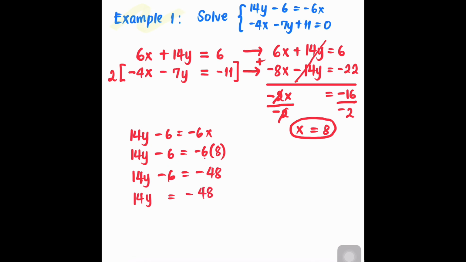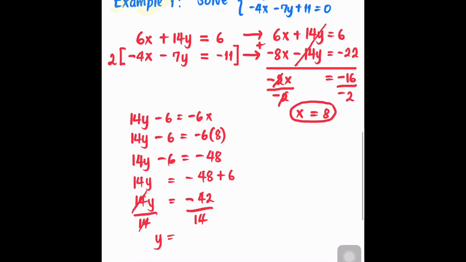Then negative 6 will jump over to the right-hand side, so that will become positive. So from negative, it will become positive. So 14y is equal to negative 48 plus 6 is negative 42. So to find y, we divide both sides by 14, and you have y equals to negative 3.